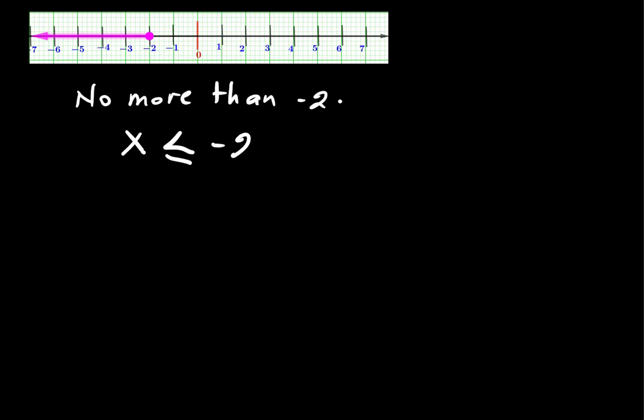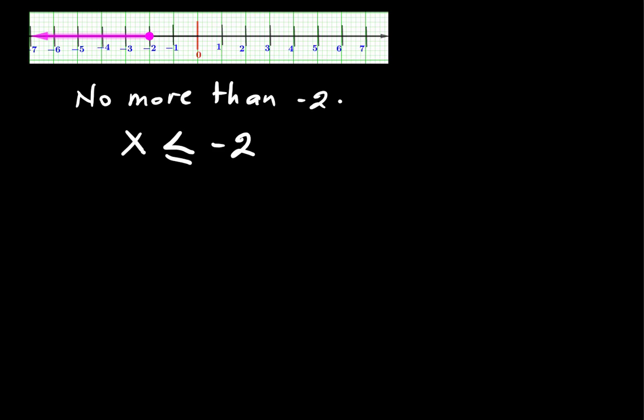Now let's continue. We have another situation when we have all the values less than or equal to -2. We can call that no more than -2, correct? We can say x less than or equal to -2.